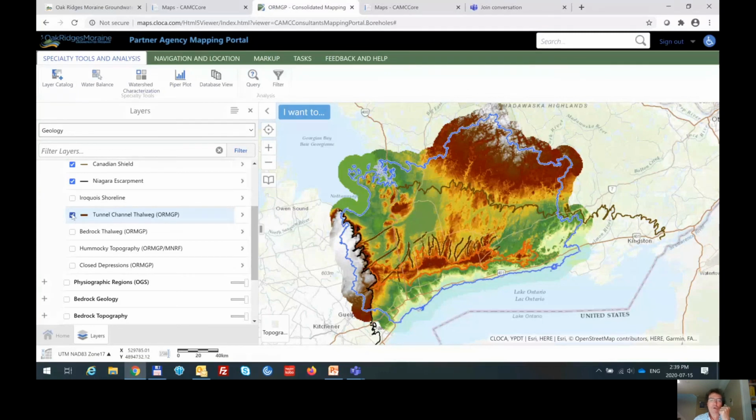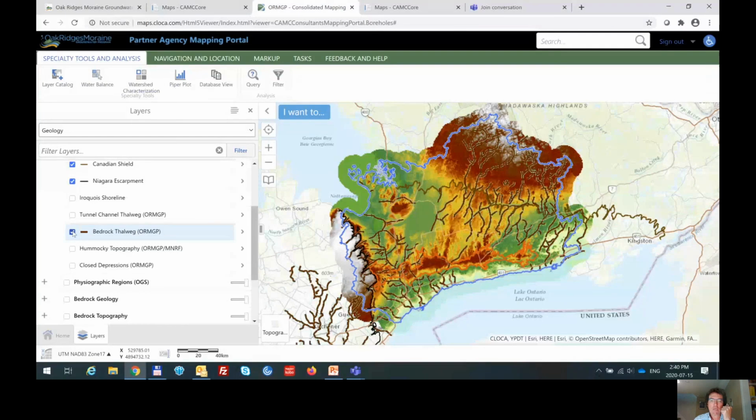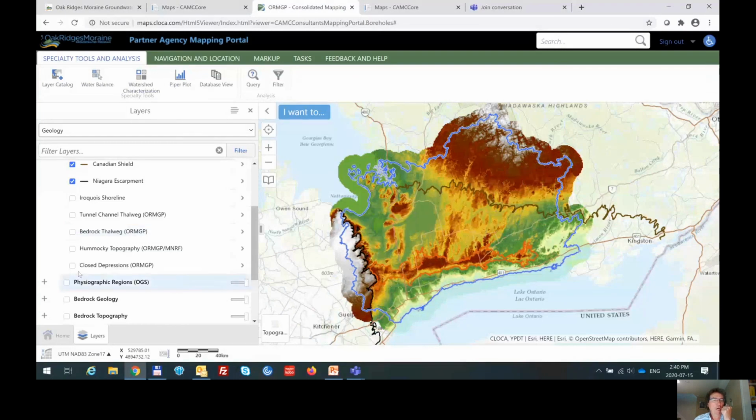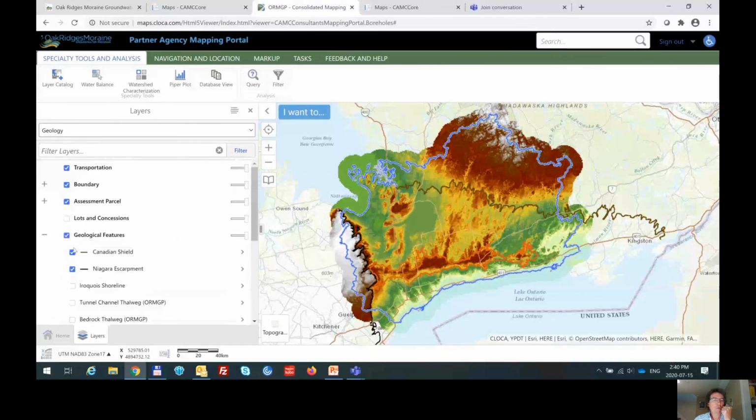These tunnel channel thalwegs are where we have Oak Ridges age channels, okay, because our conceptual model started with a general Oak Ridges Moraine coeval time period of channels. Our interpreted bedrock valleys, there's the thalwegs. Hummocky topography from the MNR, all kinds of different data sets that we can play around with.